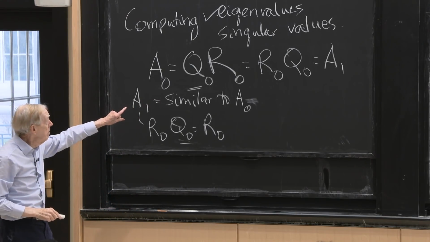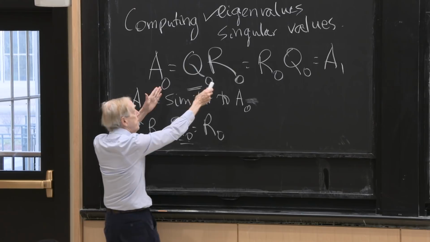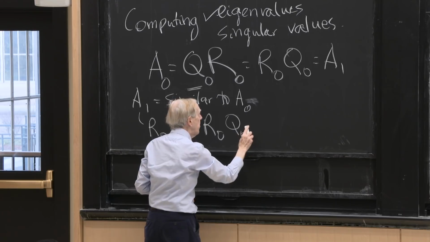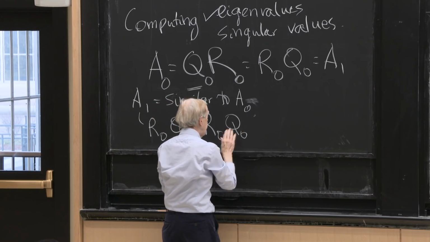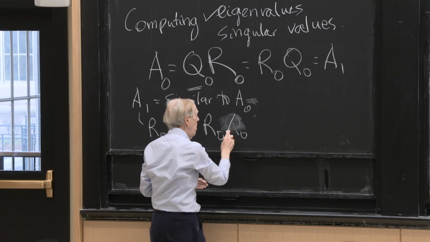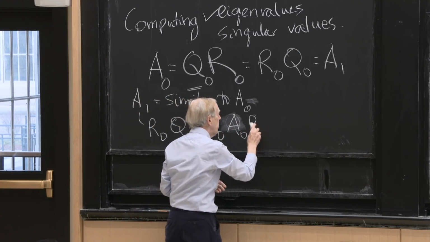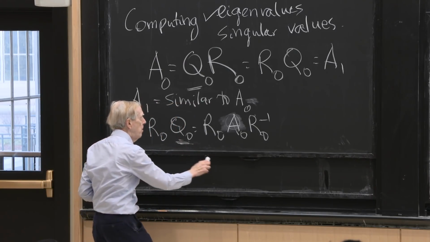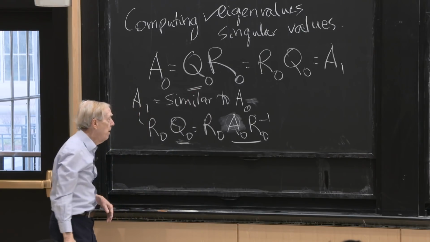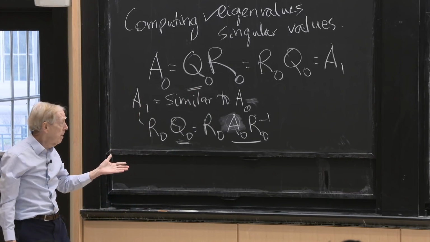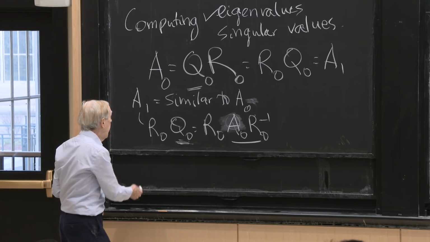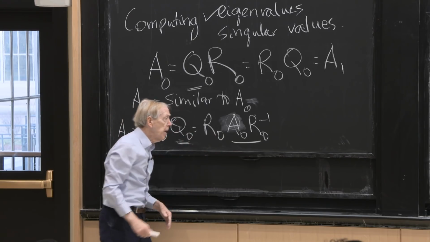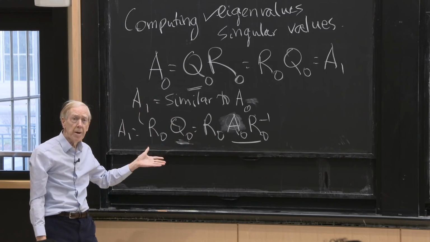I multiply both sides of that equation by R0 inverse. So Q0 is A0 R0 inverse, right? For Q0, I've put in what it equals. And that's done it. That's exactly telling me that A1, which is this, equals this, and that's a similarity transformation. I have not changed the eigenvalues.